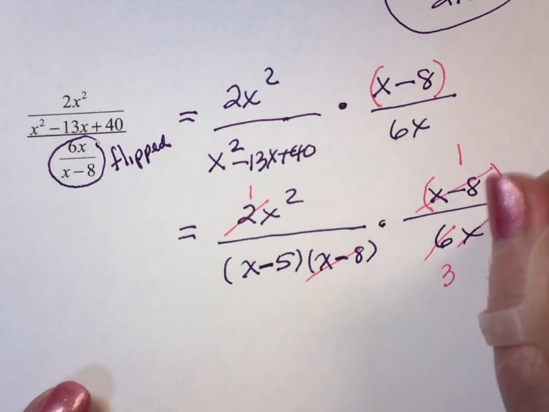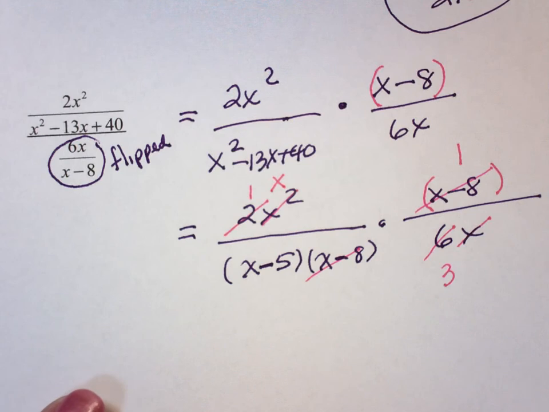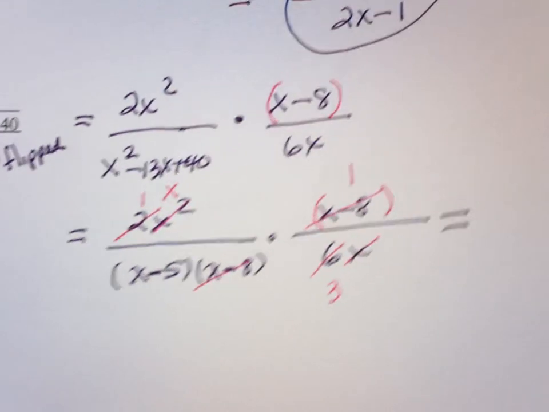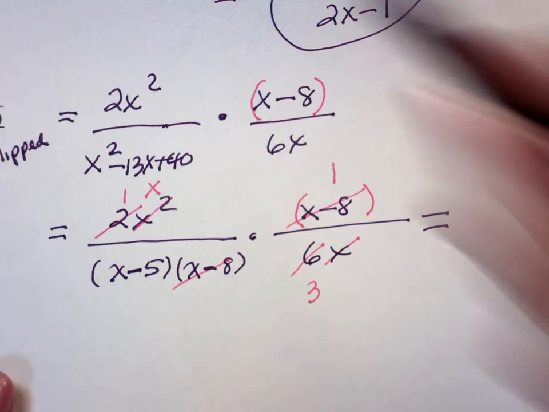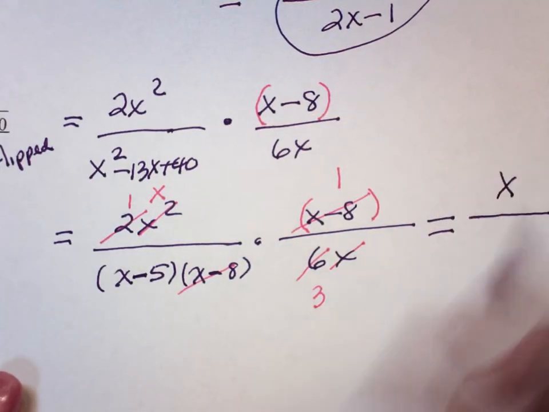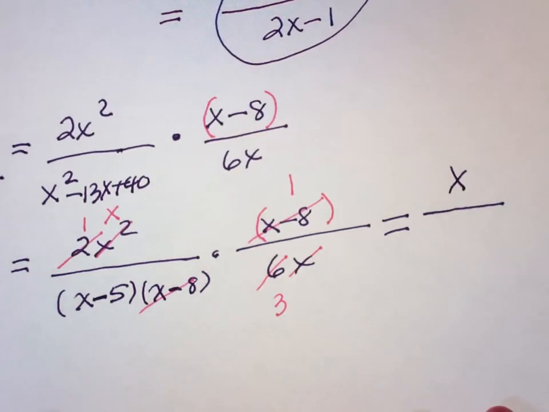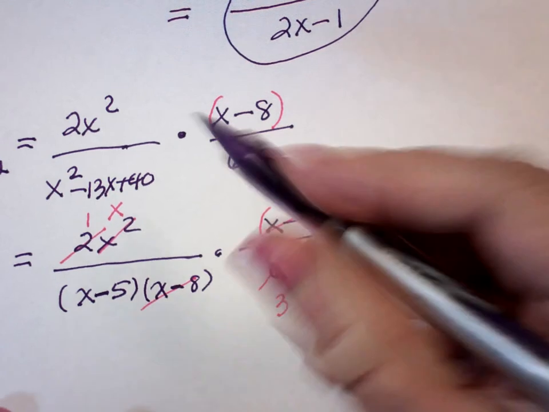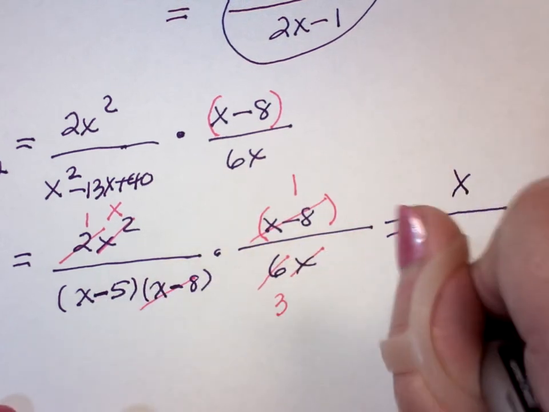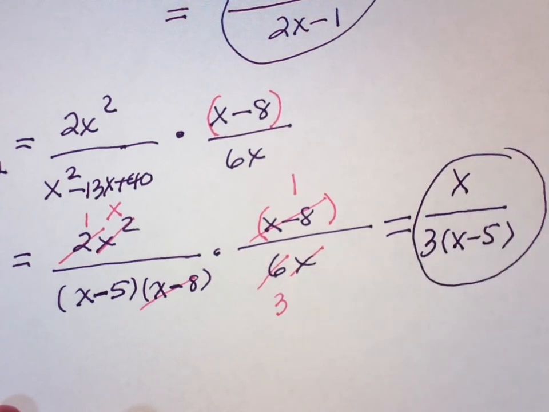This x takes out one of those 2, leaving me with an x. So as I multiply across, I get 1 times x times 1, which is x. And I get x minus 5 times 3. And there it is.